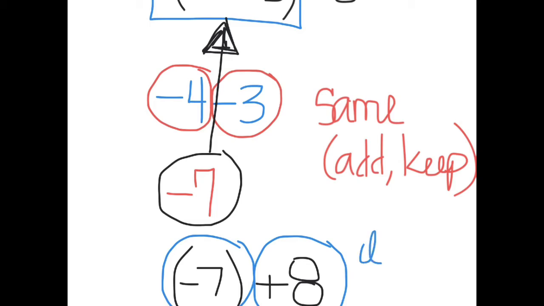Yes, the signs are different. Now, when the signs are different, what do we do? We subtract and we keep the sign of the bigger number. So I need to subtract. 8 take away 7 is 1. 8 is the bigger number and it is positive. So my final answer is +1.